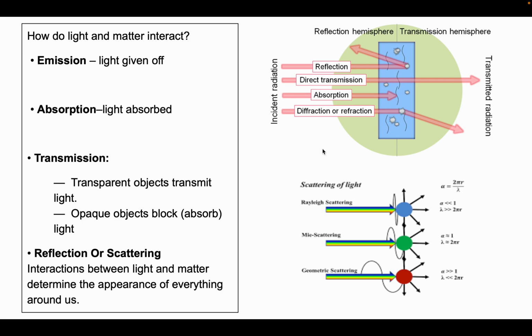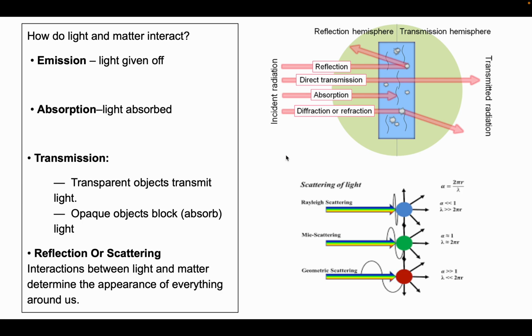In transmission, a transparent object transmits light: some light or radiation goes into the object and just gets out of it. Another process is reflection, where light strikes the surface of the matter and gets scattered, changing direction.